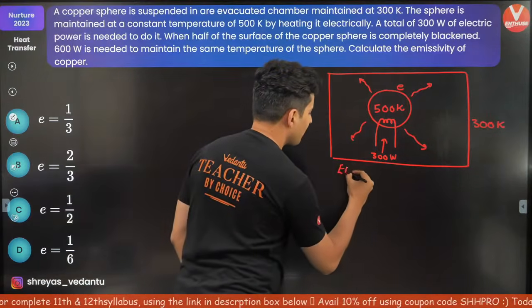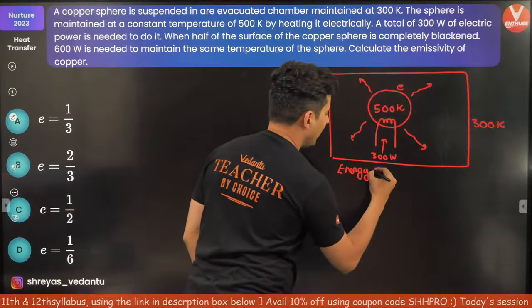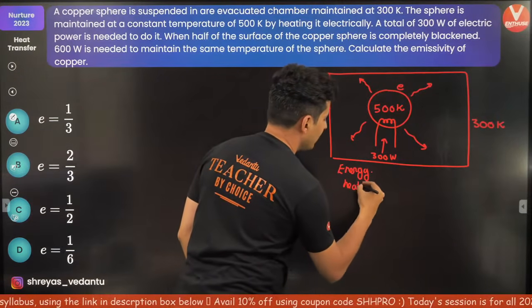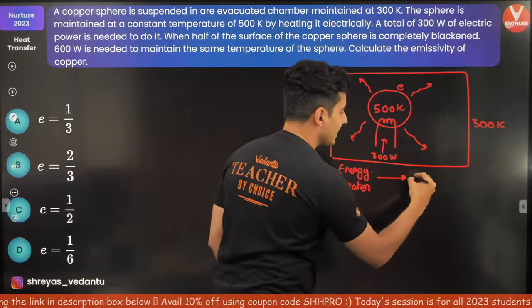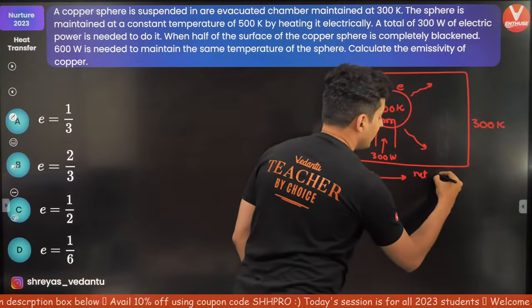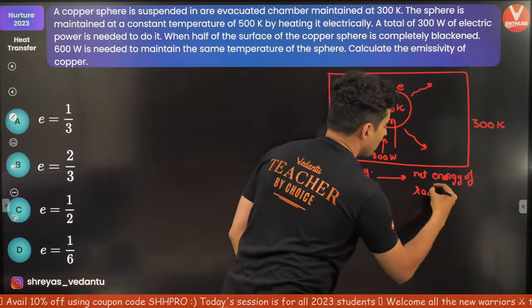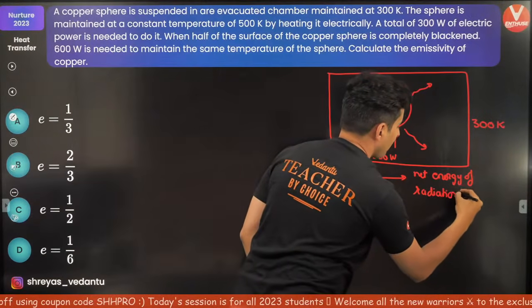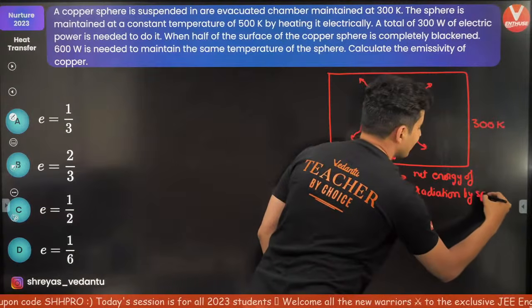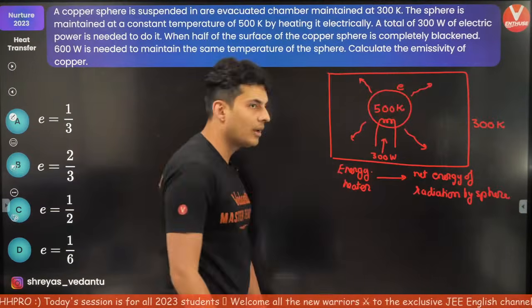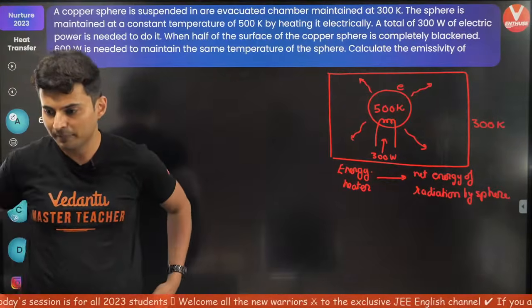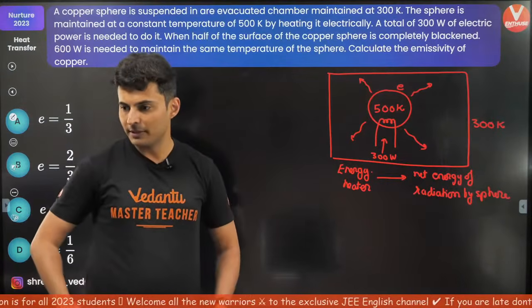The energy provided by the heater is basically the net energy of radiation by the sphere. Does everybody agree to this statement? Think about it. Everybody agree to this statement?